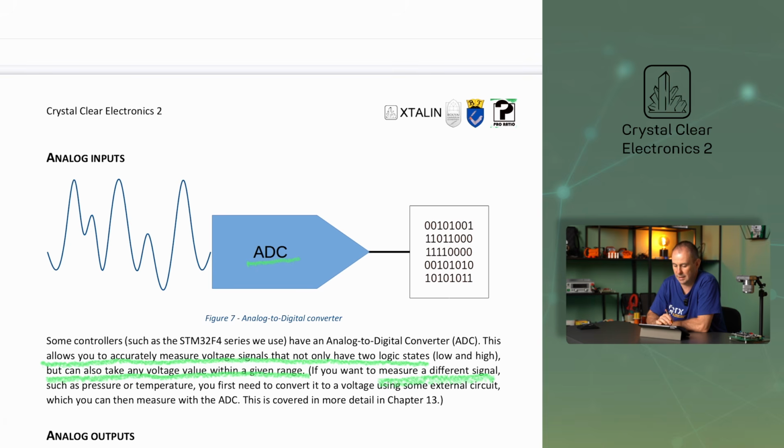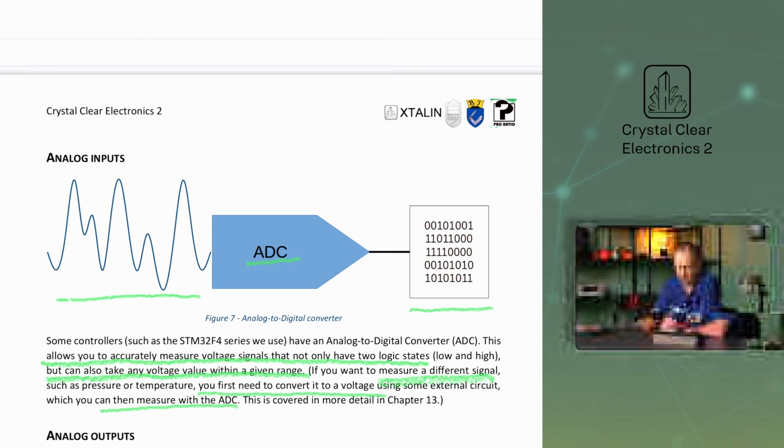If you want to measure a different signal, such as pressure or temperature, you first need to convert it to a voltage using some external circuit, which you can then measure with the ADC. On the left side of this diagram, there is a continuous analog voltage signal at the ADC input. The ADC output, on the other hand, is a sequence of binary numbers. We'll cover this peripheral in more detail in Chapter 11, where we'll also demonstrate it with an example program.